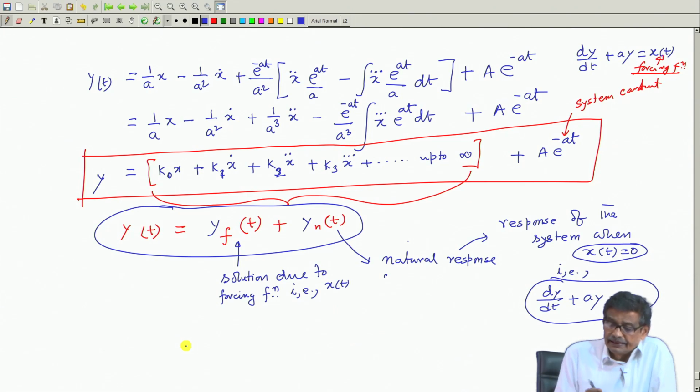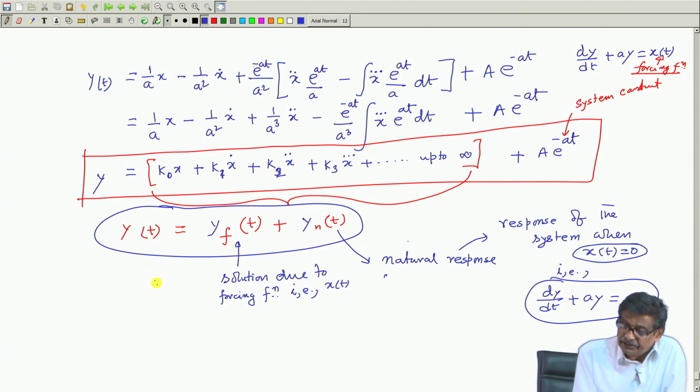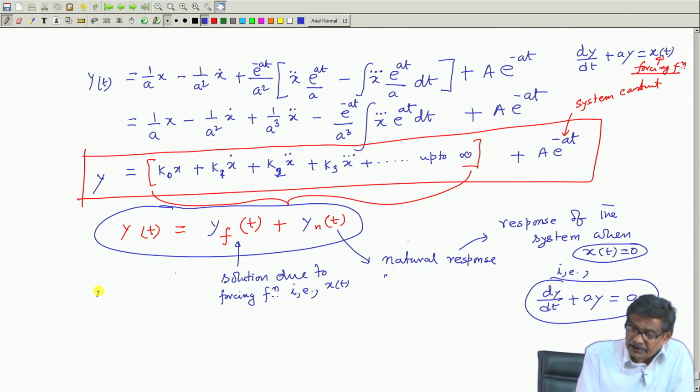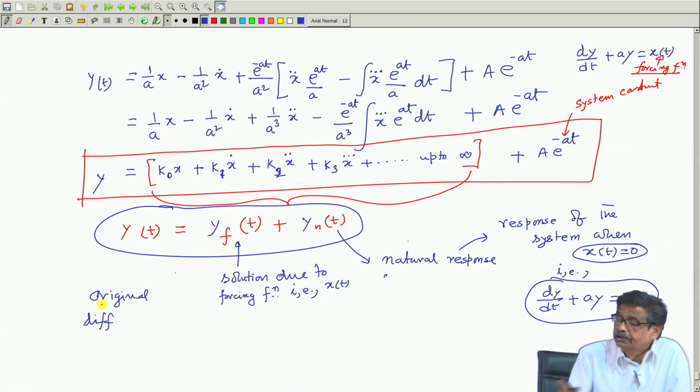Now, when I say that this is the solution, the solution of what? So, the original differential equation, very interesting, I am telling you, if you please follow me, dy dt plus a y is equal to x t.